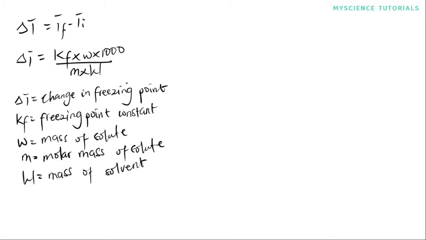Alright, now we have 1000 over here because ideally, we dissolve the mass of the solute in 1 kilogram of the solvent. Now there are instances where we may dissolve the solute in 0.1 kilogram or 100 grams of the solvent.